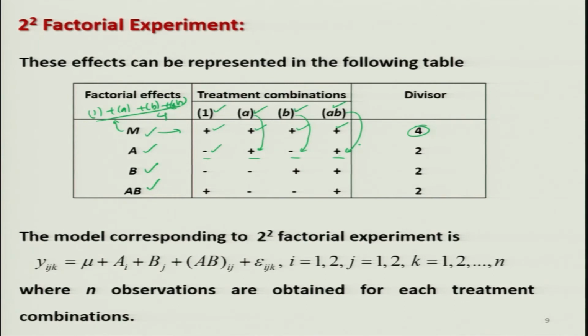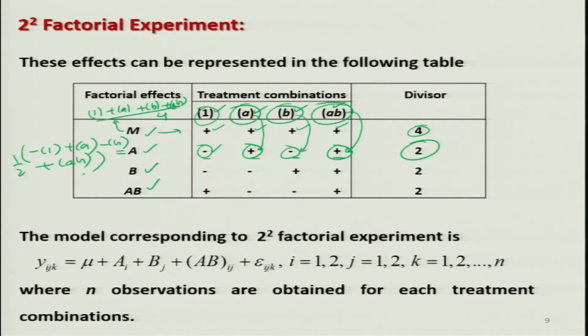This means if I want to rewrite this expression looking at this table, I can write minus 1, plus A, minus B, and plus AB. And then the divisor here is 2.